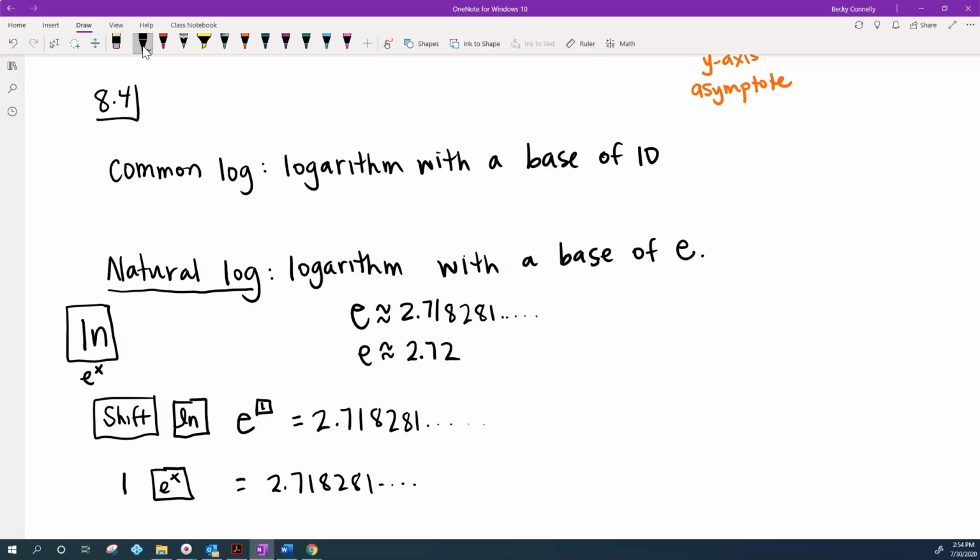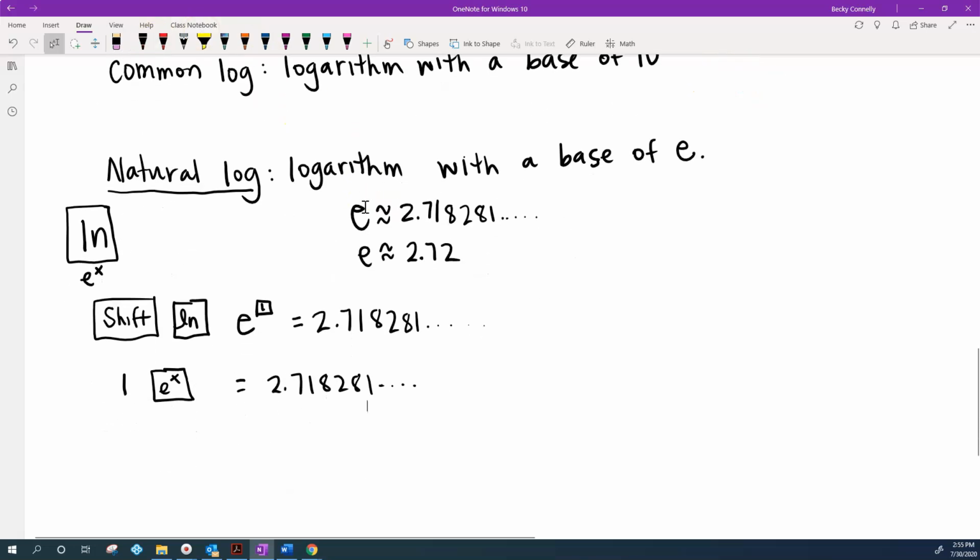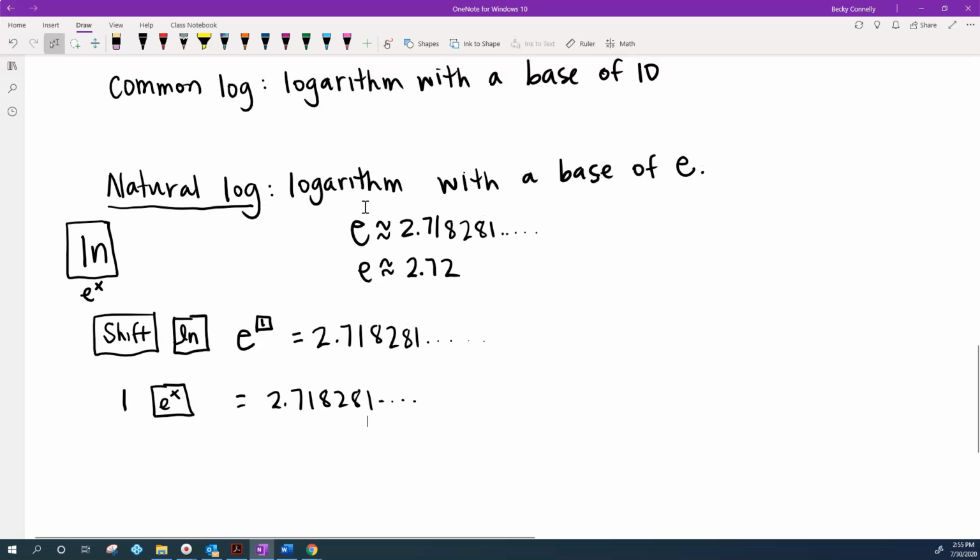Is everybody able to figure out how to use that e button and come up with 2.71? Let me know, because if you're struggling with it, somebody else in the class probably is too. Make sure you know how to do that.